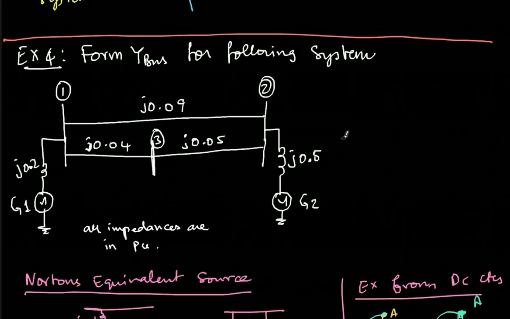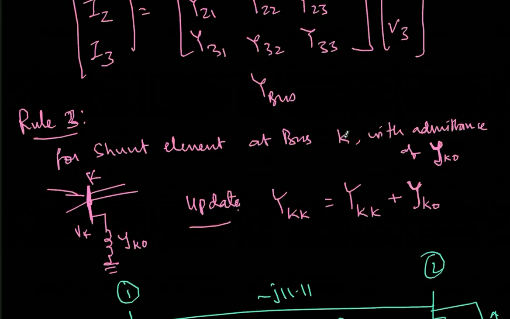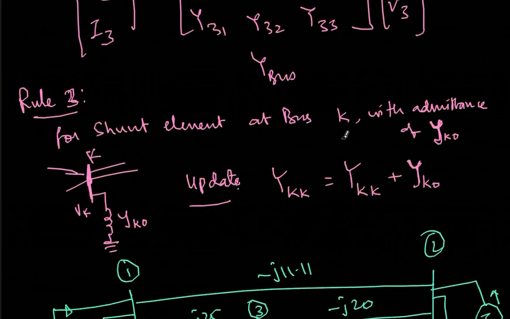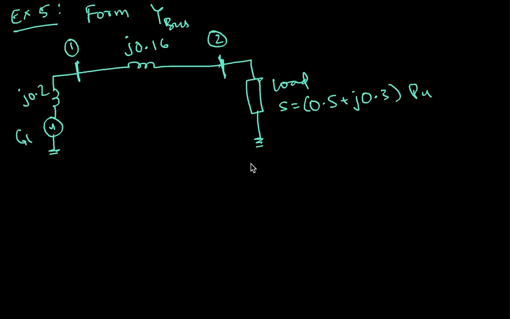Let's do one more problem of a similar kind, so that it will be very fast. Now let's look at example 5. In this example, it's a simple two bus system with just one line, and all impedances are given.